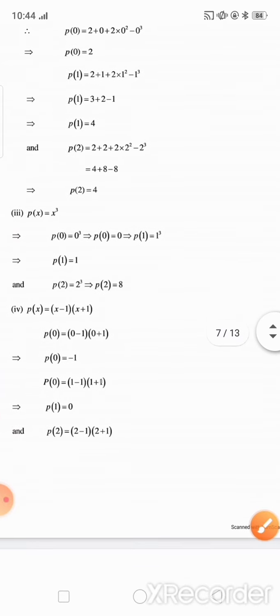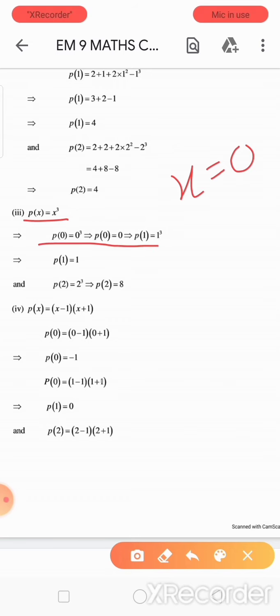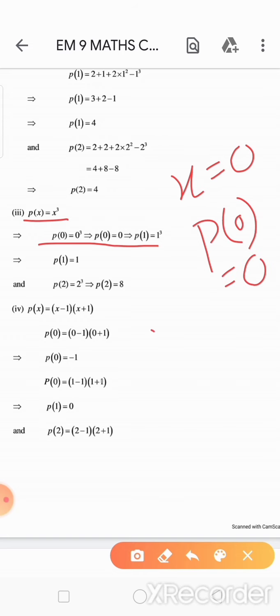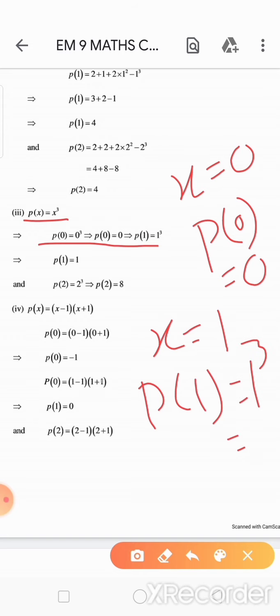Next question, question number 3. Our polynomial is given p of x is equal to x cube. For x equal to 0 value, we get our p of 0 is equal to 0 cube, means 0. So for x equal to 0, p of 0 is equal to 0. Next, for x is equal to 1 value, we get p of 1 is equal to 1 cube, means 1 multiplied by 1 multiplied by 1.